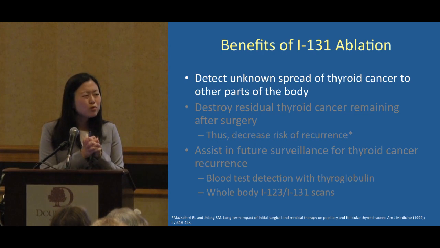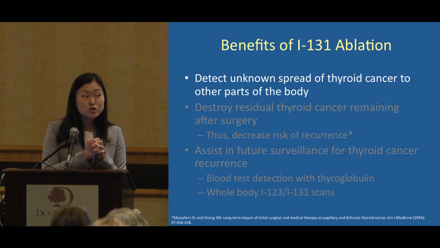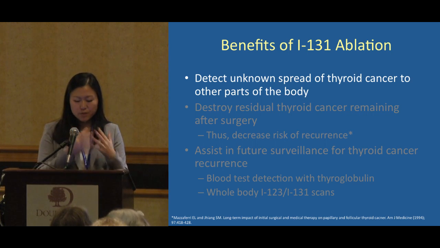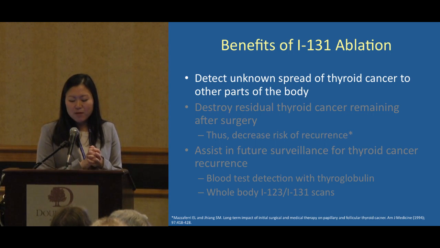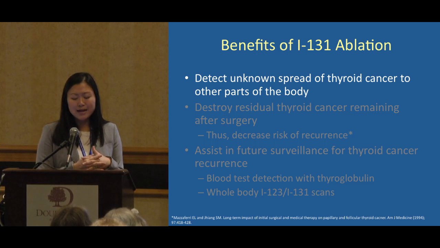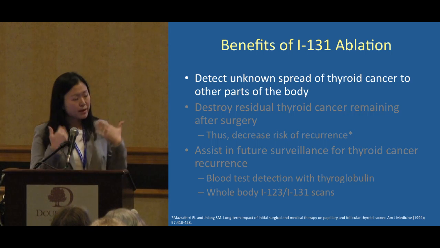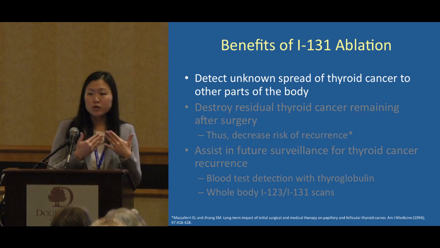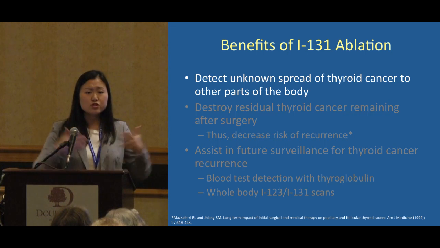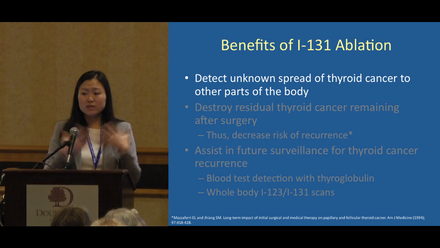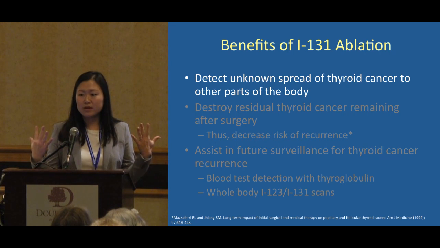So let's talk about why we would want to do radioactive iodine treatment in patients after their surgeries remove the thyroid cancer. Some of the benefits of I-131 ablation: number one, it may help to detect unknown spread of thyroid cancer to other parts of the body. Before the treatment, you've already had the thyroid surgery and some sort of scan, and they didn't detect any spread of thyroid cancer.